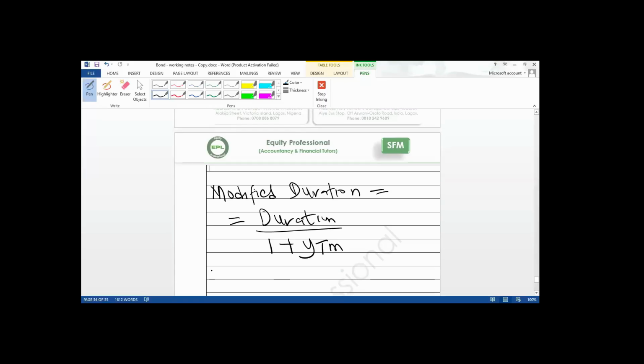We have calculated the YTM. YTM is equal to 6.83%.